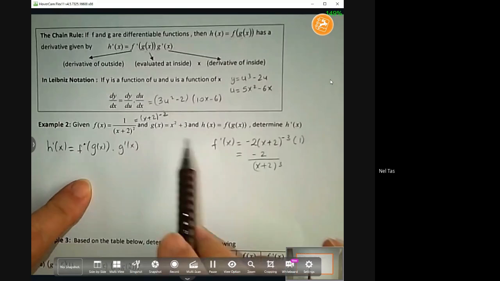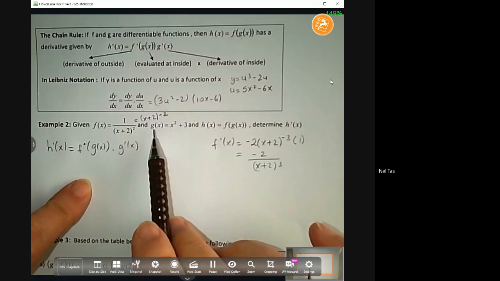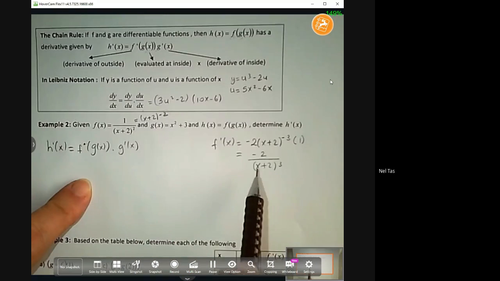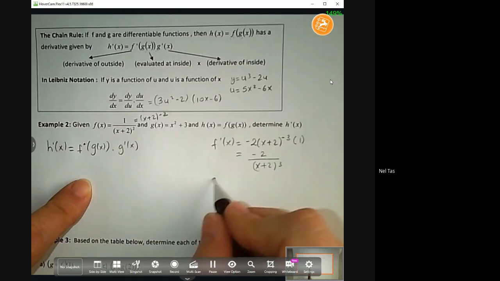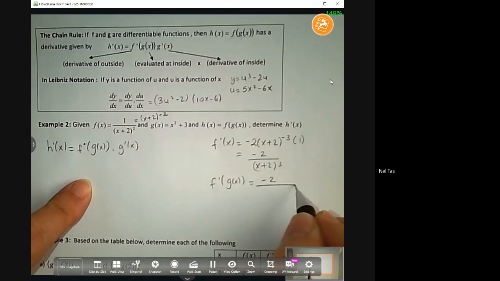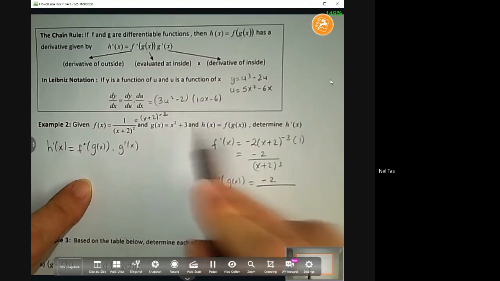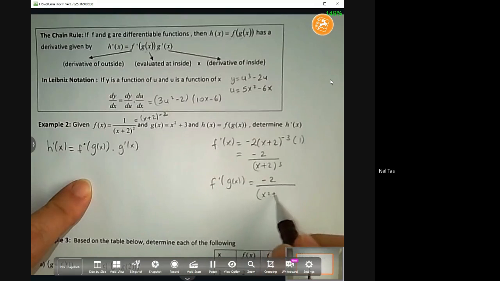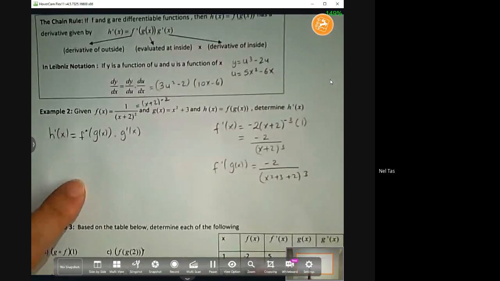And now we need to substitute g in this f prime. Okay, so f prime of g of x then is going to be negative 2 over, substitute x squared plus 3 for x, and that's what you get.